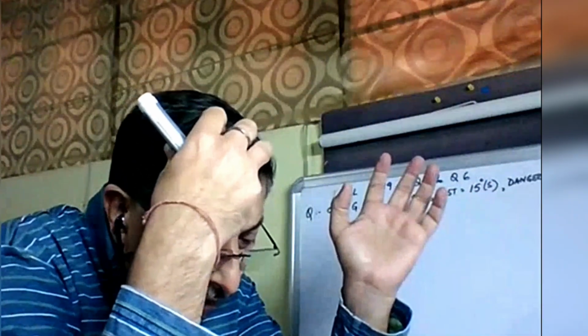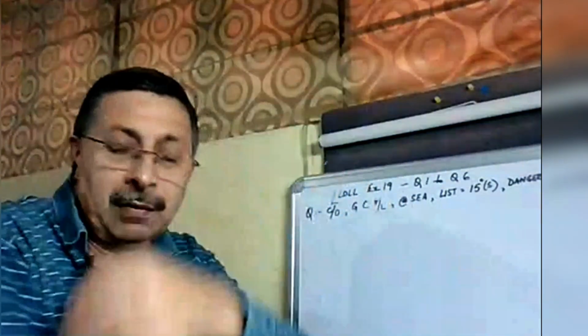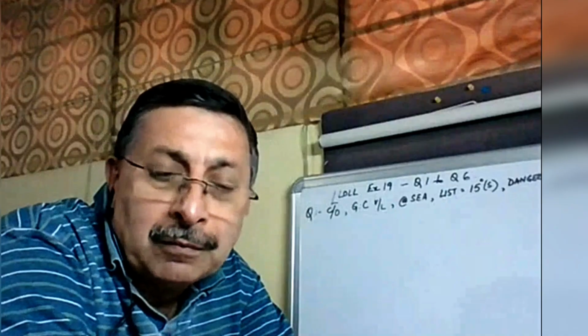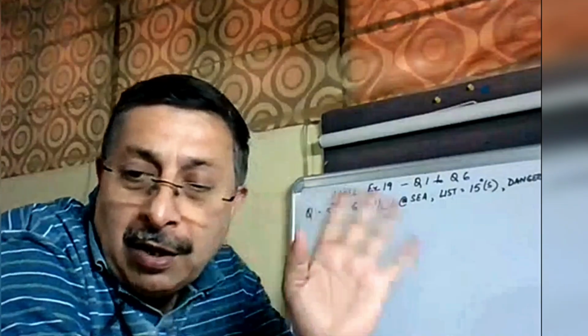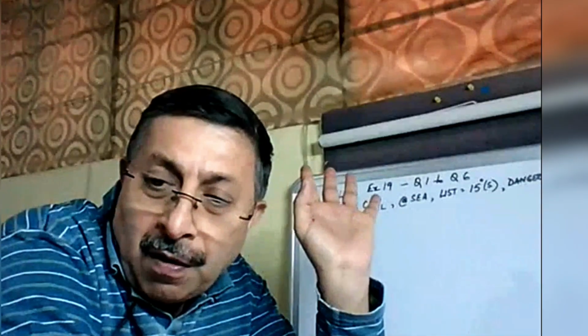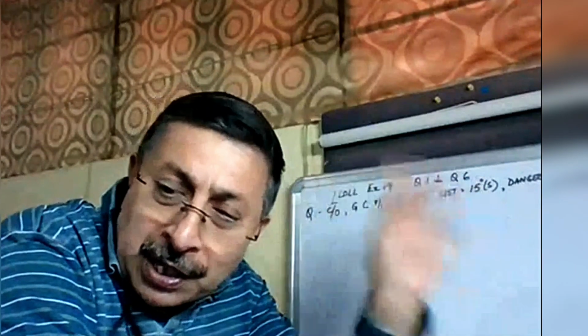So something has gone wrong. You need to check that. Yes or no? Yes, sir. It can lead to angle of Loll. It is a dangerous situation. You have to investigate. It calls for investigation.